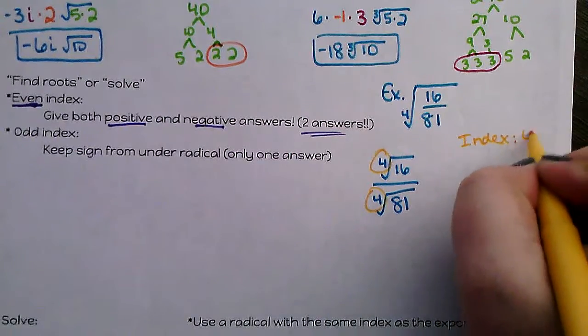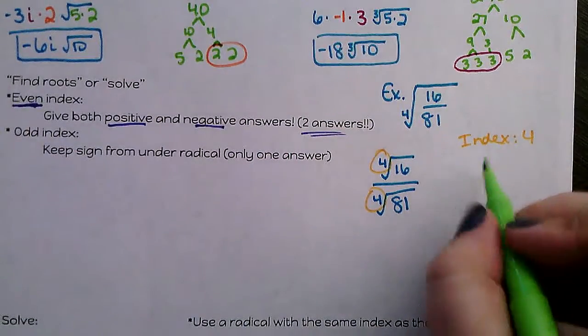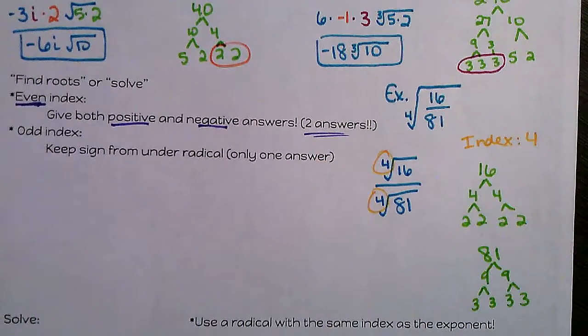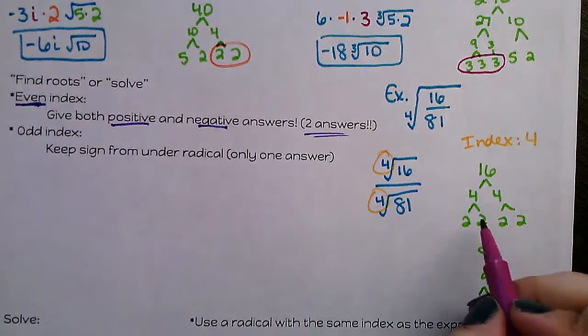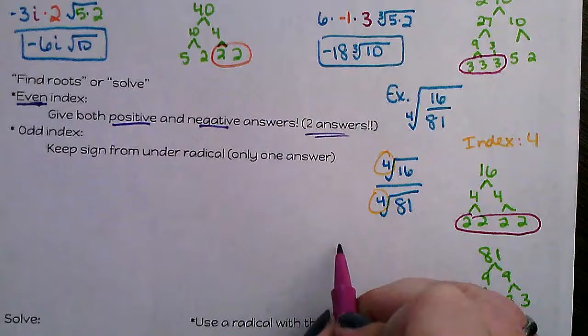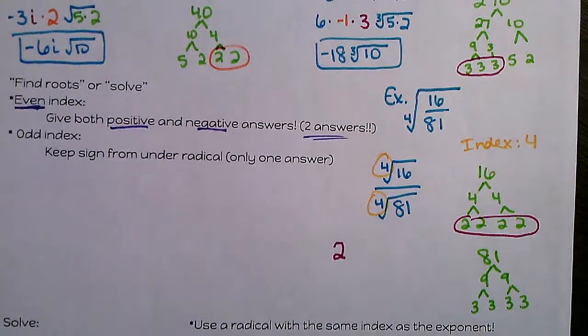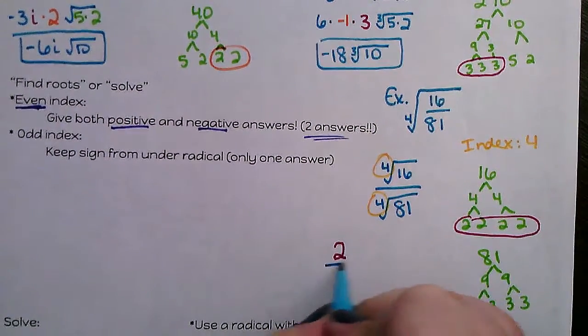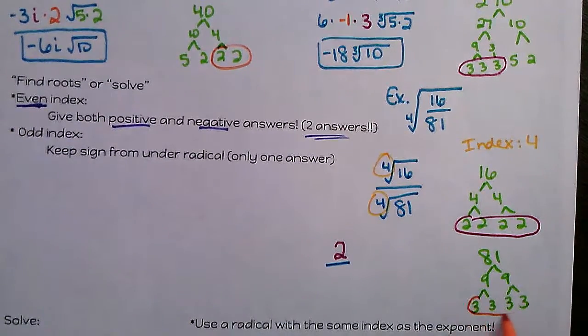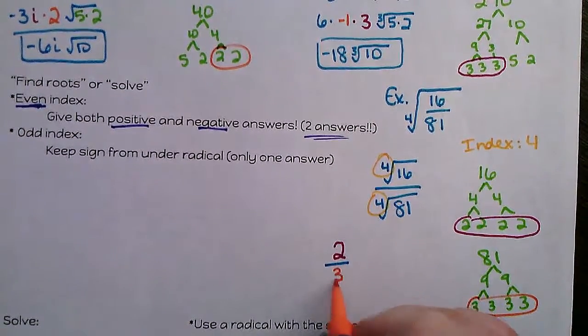Our index is 4, so I need to make factor trees and circle groups of 4. With the 16, I have a group of 4 2s. Since 16 was on the numerator, my numerator is going to be 2. And for the 81, I had a group of 4 3s, so that's going to be my denominator.